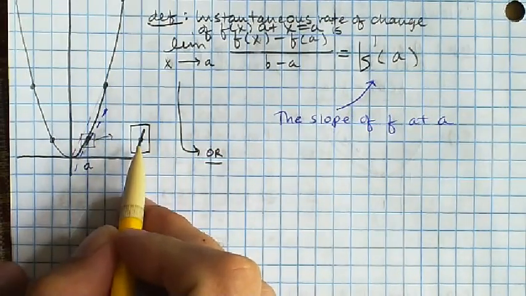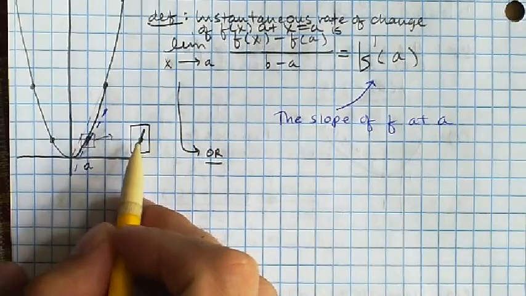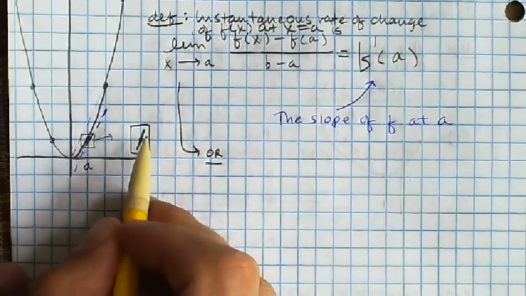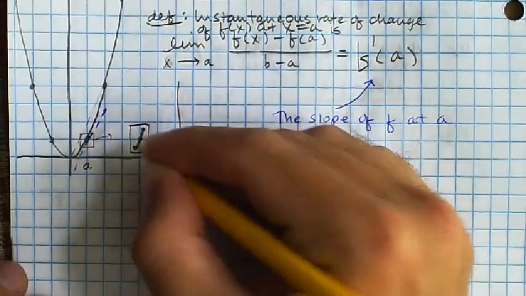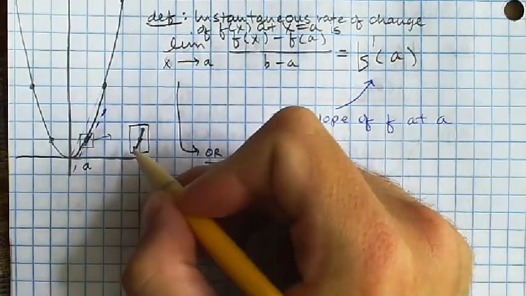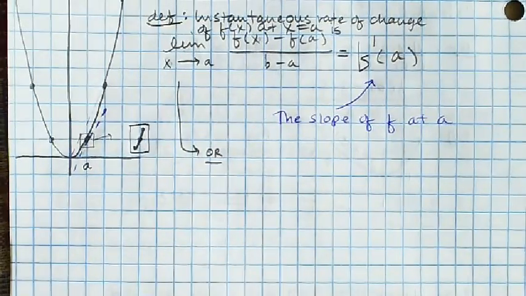If we looked more closely with a magnifying glass, we would see that it looks closer to that. We could take the average rate of change over these 2 points to get a line segment, and then that would be a better representation of the slope at this middle point.